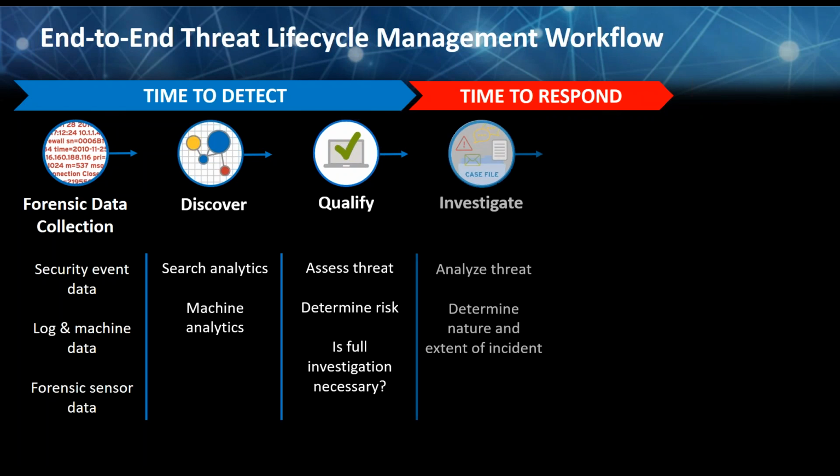If we have to go that route, we want to dig deeper on that threat. We need to analyze it deeply, make sure that we've got rapid access to all of the forensic data so that we can paint a full picture of what's going on.